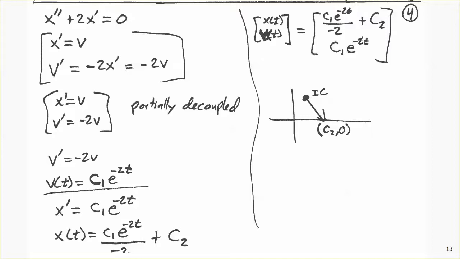Well, this e to the minus 2t and this e to the minus 2t, they're the same. So the amount at which x decreases is the same per unit time as the amount y decreases, except it's actually cut in half. So if y changes by 2, x will change by 1. But it will go in the opposite direction. So if y shrinks, x will increase, but by half as much. And that makes sense.